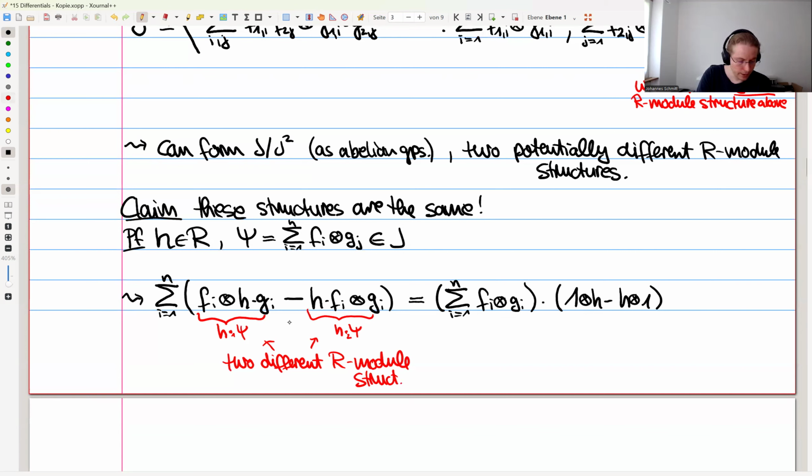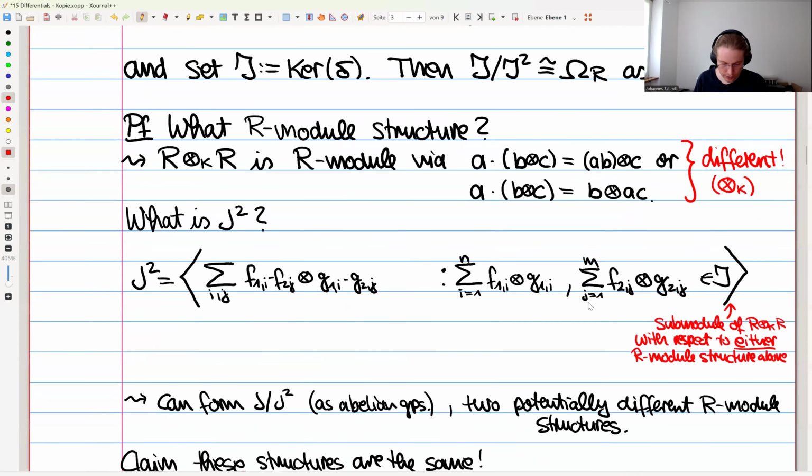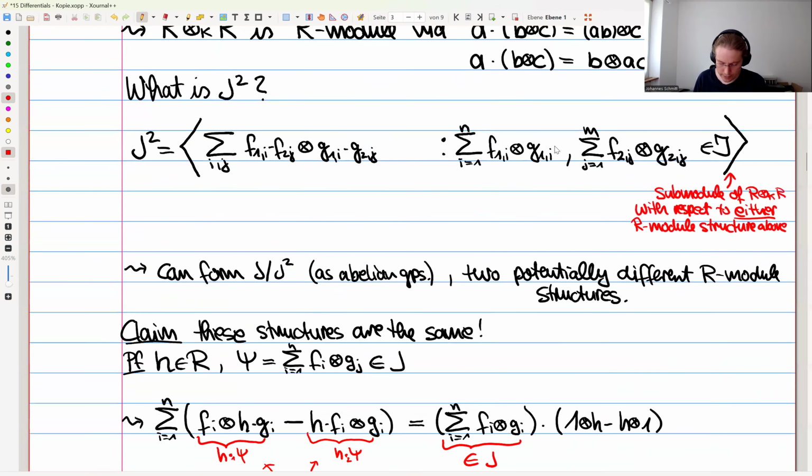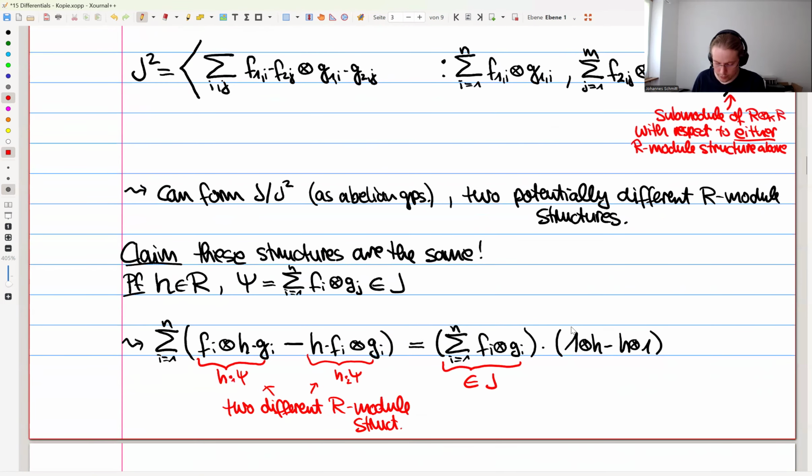Okay, but now let's just stare at this. This here was the original element psi, which by assumption is in J. And on the other hand, this element I claim is also in J. Now remember, J is just the kernel of this map, taking f tensor g and mapping to f times g. So why is this in this kernel? Well, if you take this, you apply delta, then you get 1 times h. If you take this, then you get h times 1.